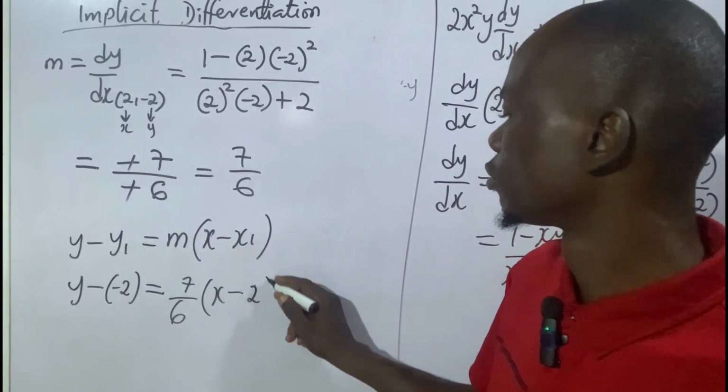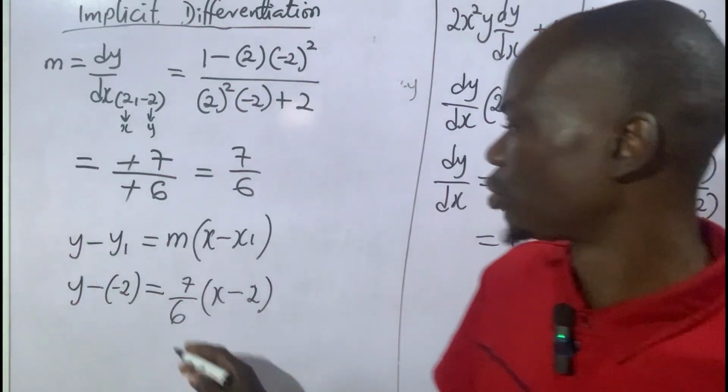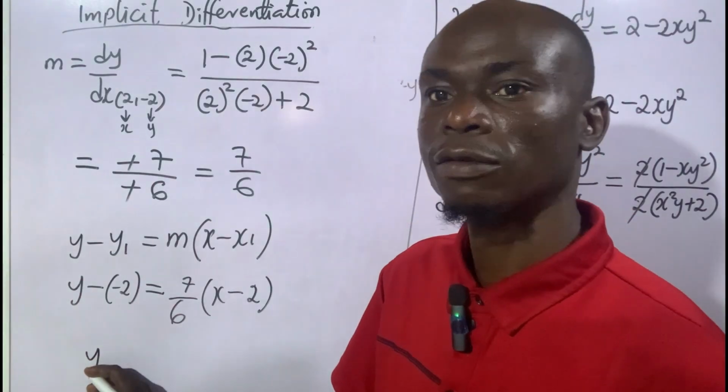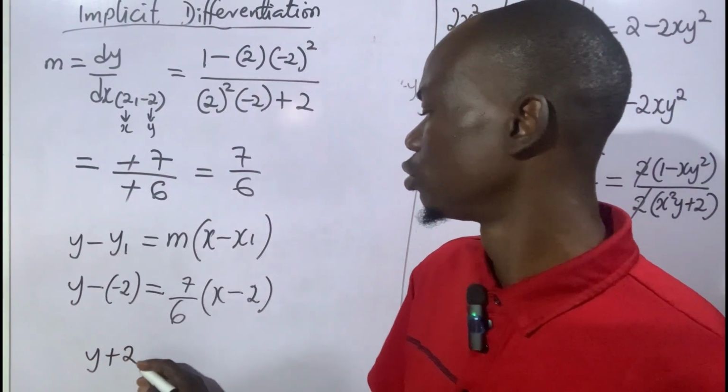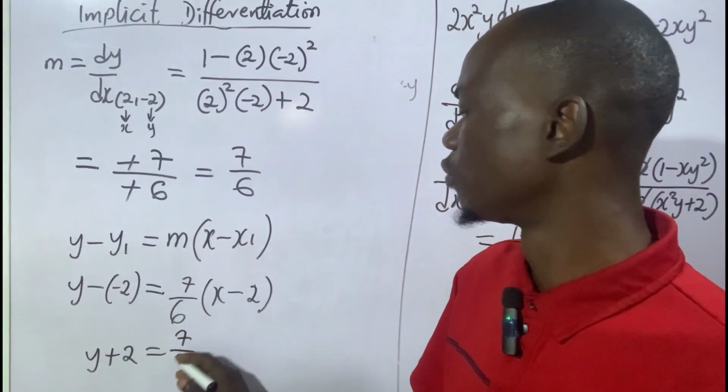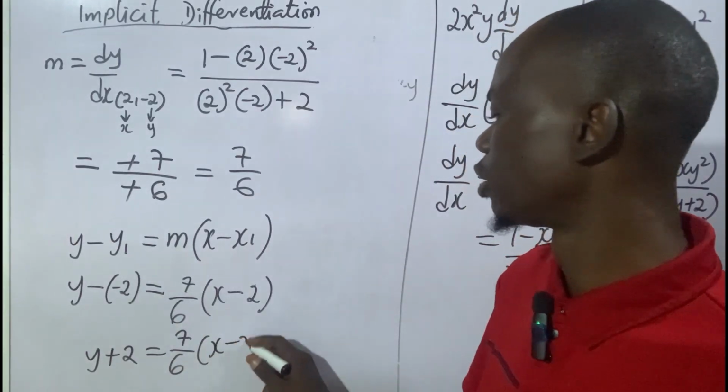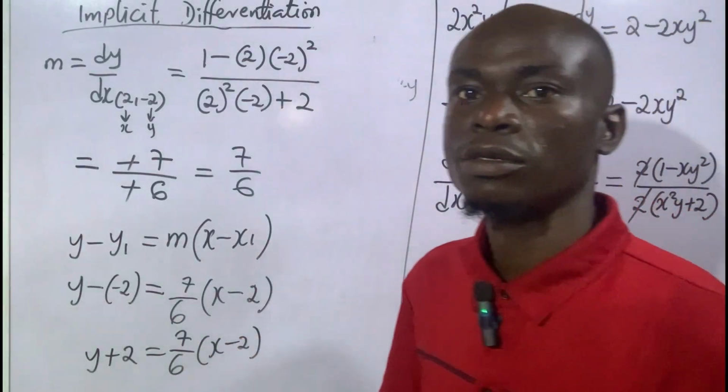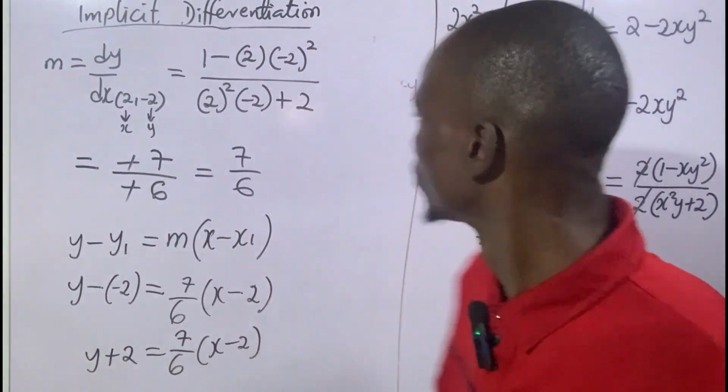X1 is 2. If we simplify this, we have y plus 2 equals 7 over 6 bracket x minus 2.